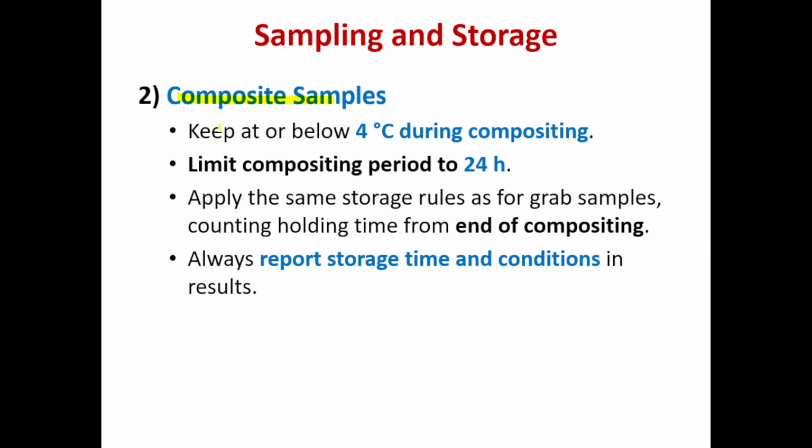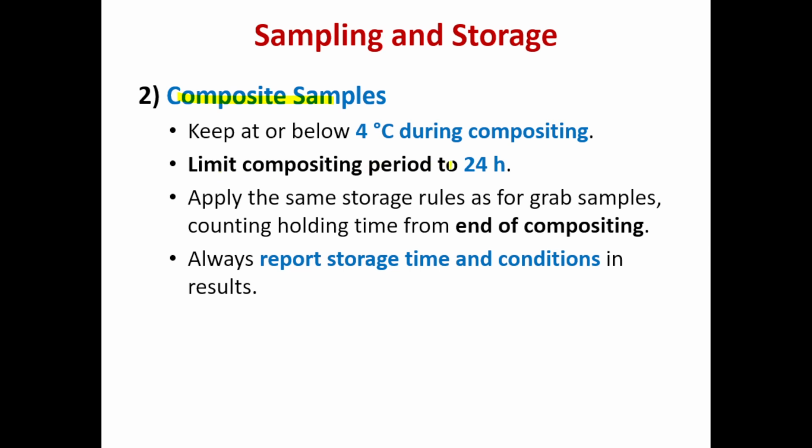In case of composite samples, we take different grab samples at different locations or at different time periods, and then we combine all those samples, then it becomes a composite sample. So we need to keep it below 4 degrees Celsius during compositing.